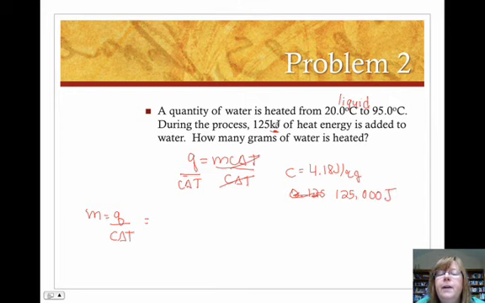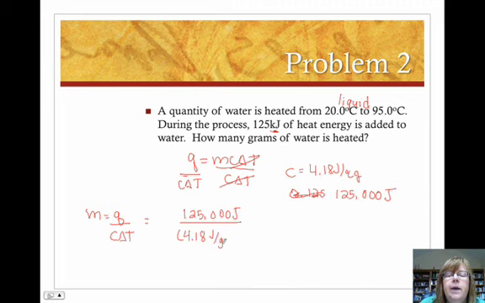Okay, 125 kilojoules is 125,000 joules. All right, so in our numerator, we have 125,000 joules divided by the heat capacity of liquid water, 4.18 joules per gram degrees C, and our temperature here is changing by 75 degrees.